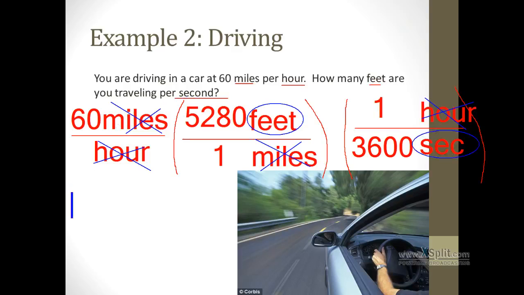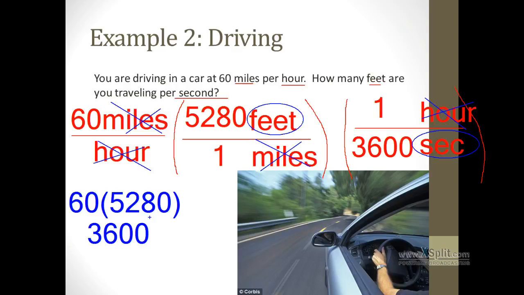I can go ahead and multiply the top, 60 times 5,280, and times 1 by the way, but the 1 doesn't matter. On the bottom I have 1 times 3,600, which is just 3,600. I'll toss that into my calculator: 60 multiplied by 5,280 divided by 3,600. That gives me 88.